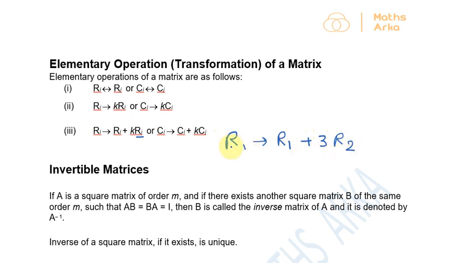Whatever the elements of R1 are, each element of R1 can be added to thrice of R2 or maybe thrice of R3 or whatever. So this can be done, and similarly for columns we can do.